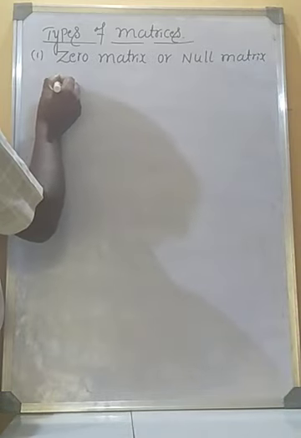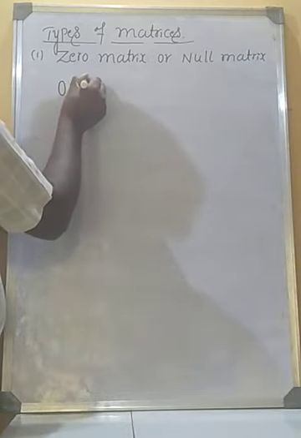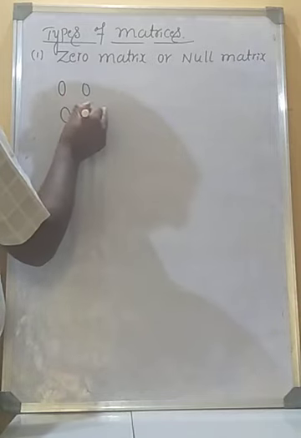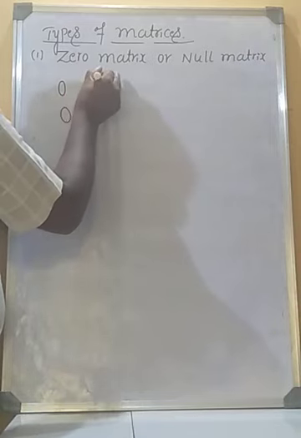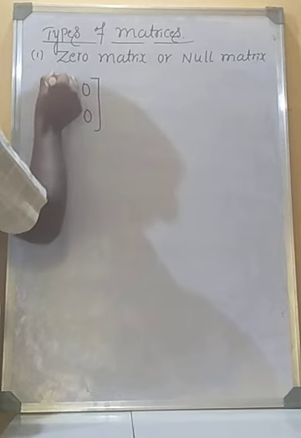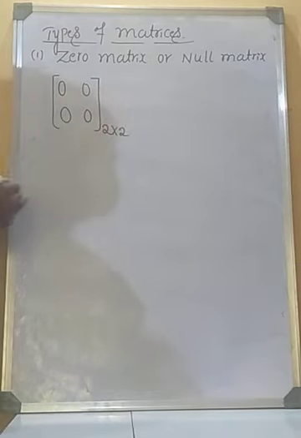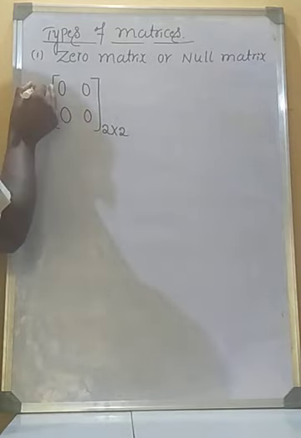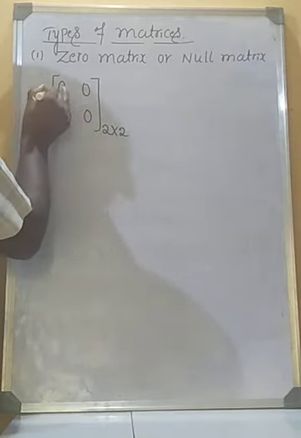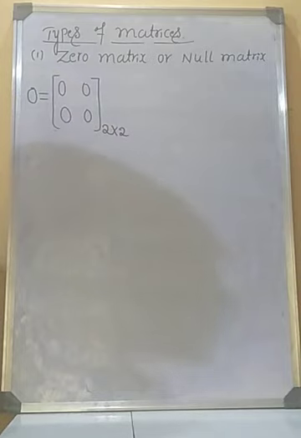For example, 0, 0, 0, 0 is a zero matrix of order 2 cross 2. The zero matrix is denoted by O. O equal to 0, 0, 0, 0 is a 2 cross 2 zero matrix.